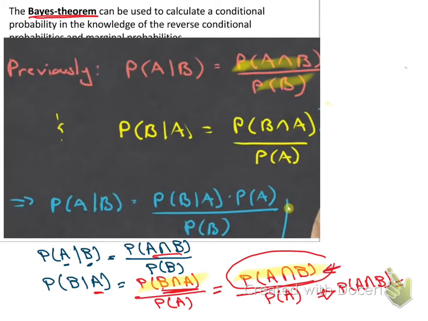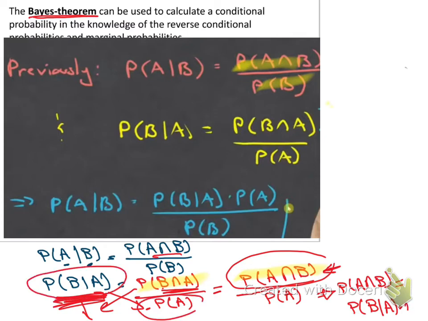By cross multiplication, the probability of A intersect B equals the probability of B given A times the probability of A, and I substitute it here in this formula.